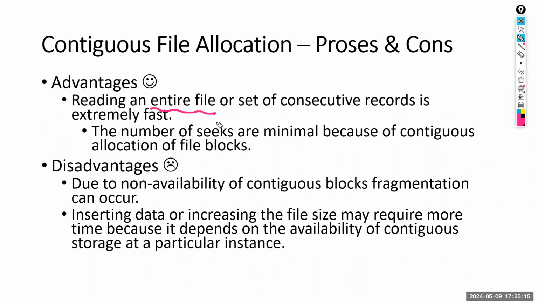Almost all the time you need to read the entire file, so contiguous allocation is a really handy approach. That means without much movement in the hard disk, you can load the entire file or most of the file into memory.